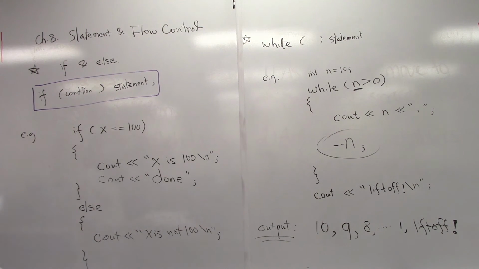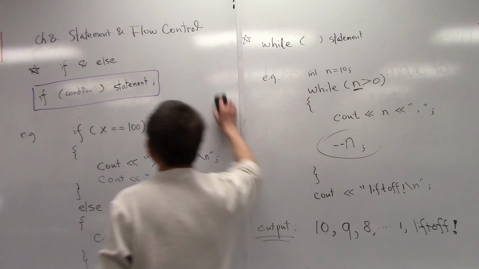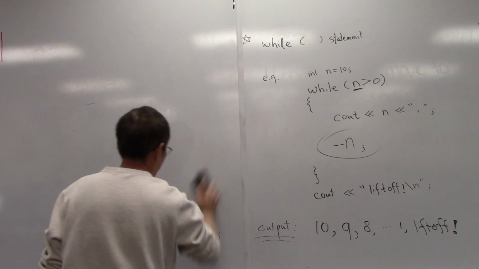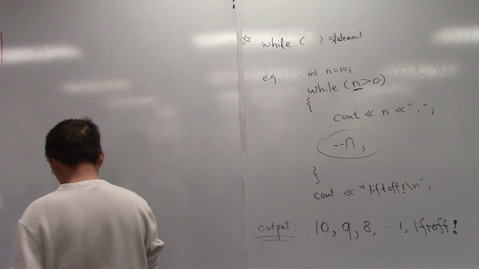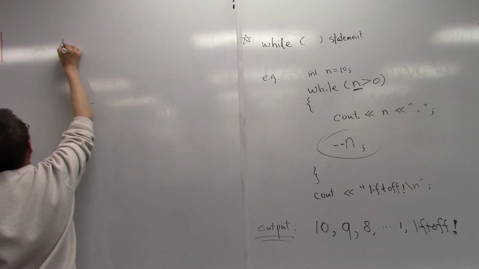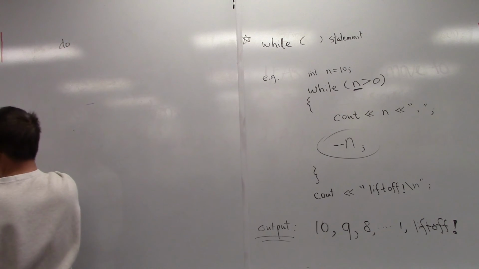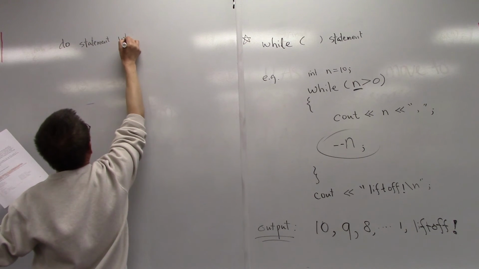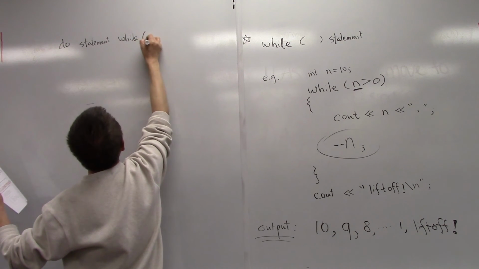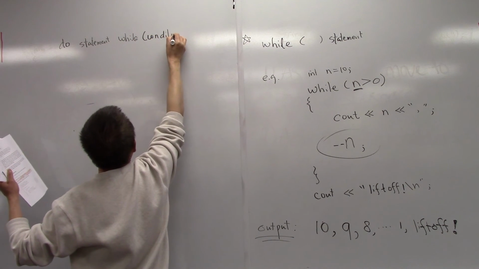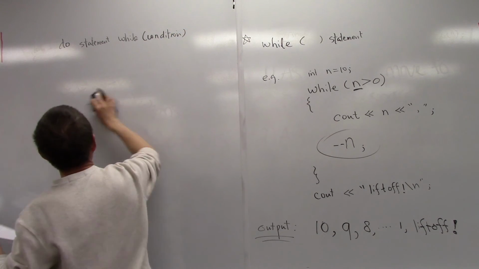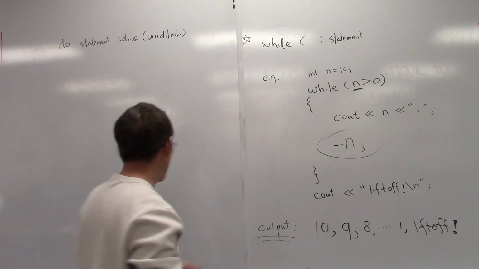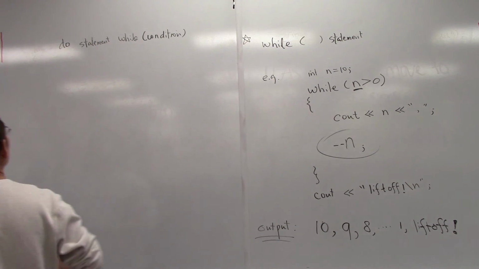All right. Then there's another one called the do-while loop. Okay, this while loop can be changed to a do-while loop.